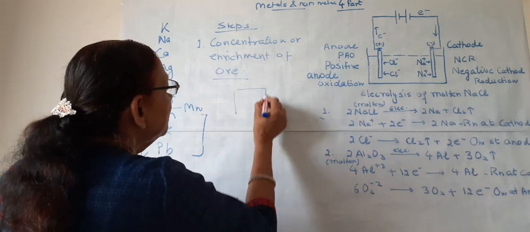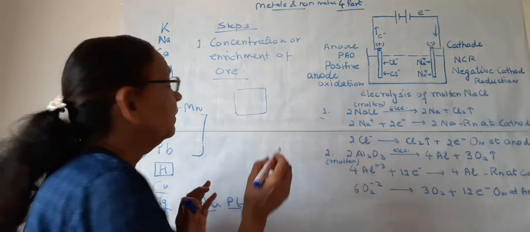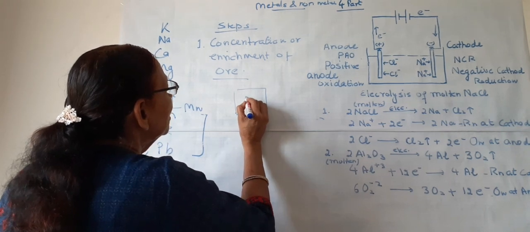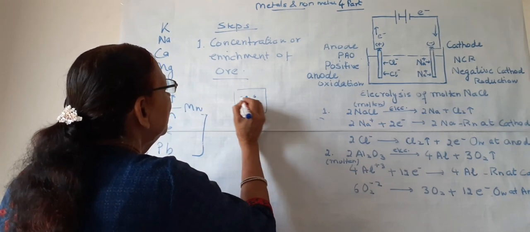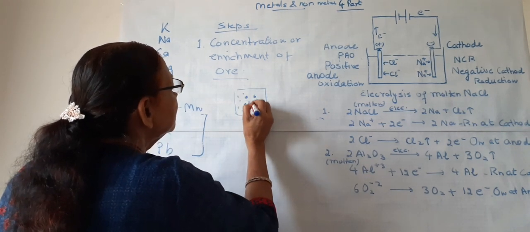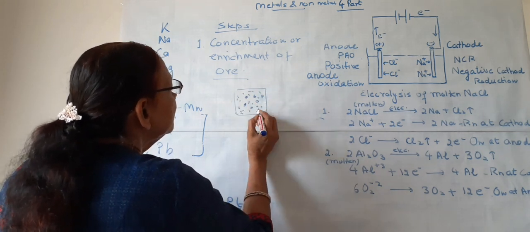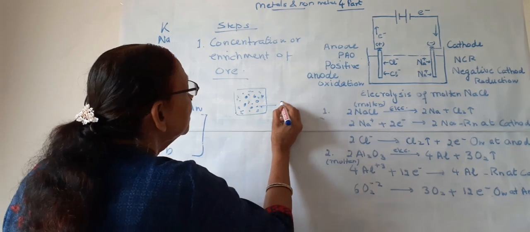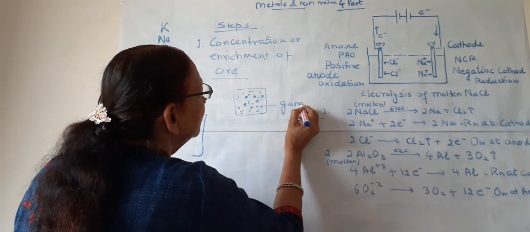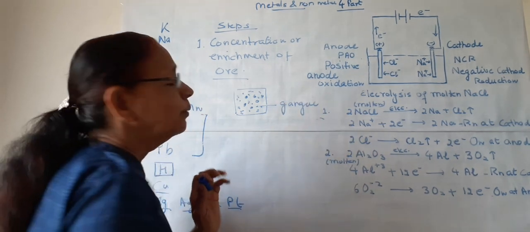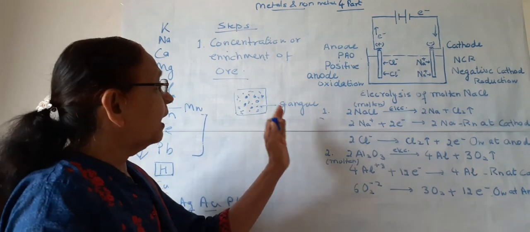Suppose this is a block of ore and metal is present here, and these impurities are also present in this ore. These impurities which are present with the metal are known as gangue. What is gangue?